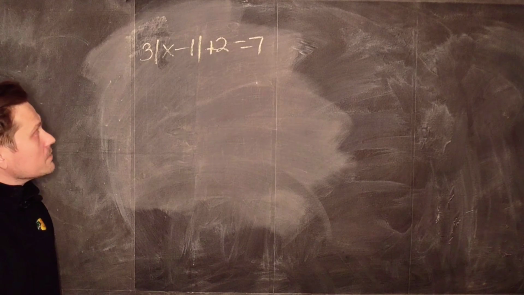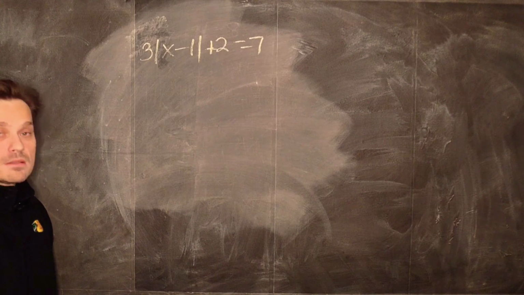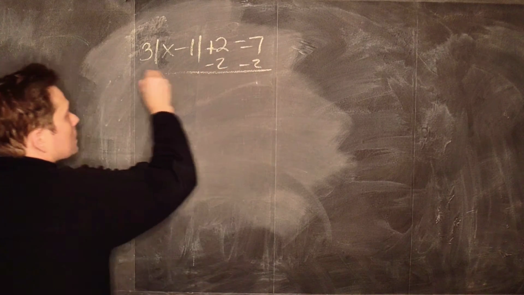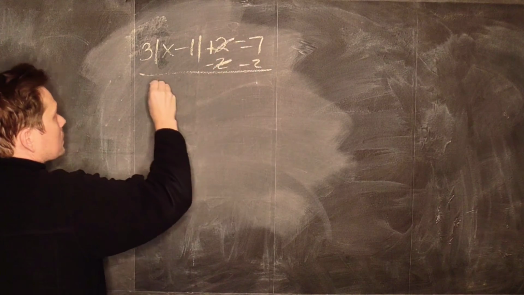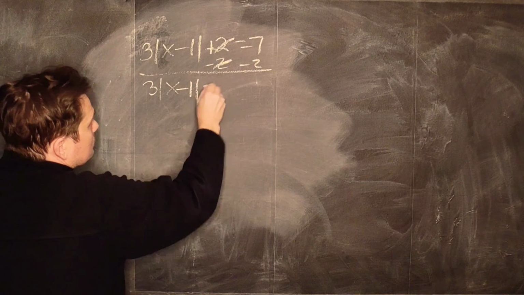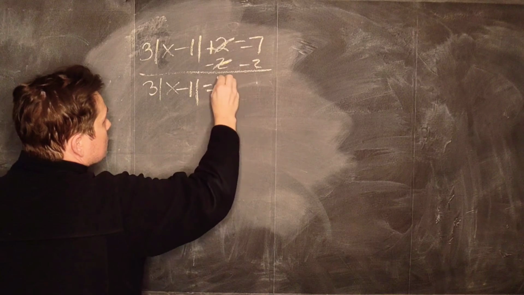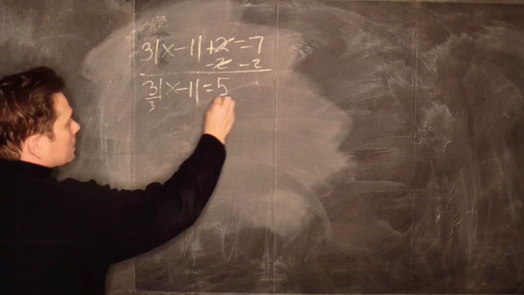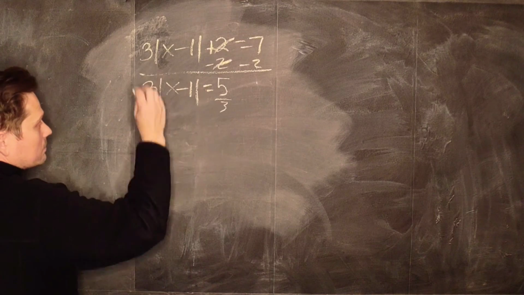In this example, we have 3 times the absolute value of x minus 1 plus 2 equals 7. Again, you do this by doing minus 2, minus 2. So these cancel, and then you have 3 times the absolute value of x minus 1 is equal to 7 minus 2, which is 5. Then you have to divide by 3. It's kind of like unwrapping a box.